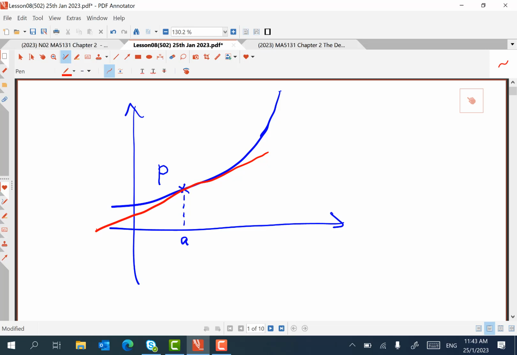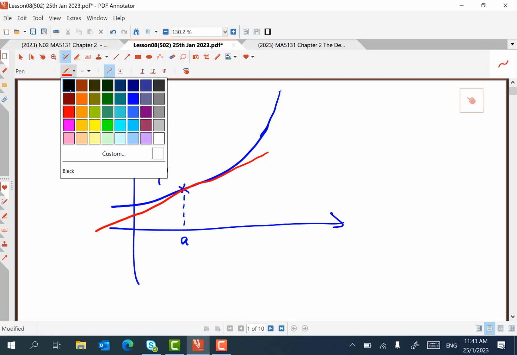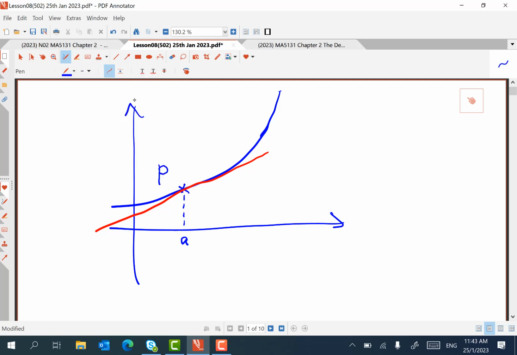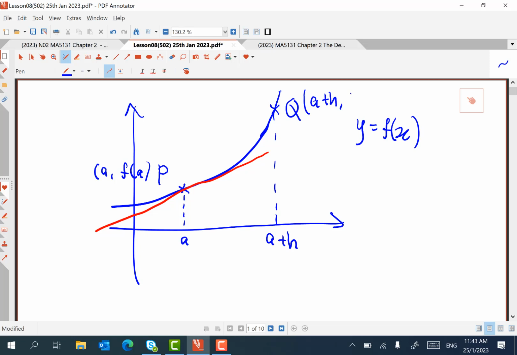And the story goes this way: to find the gradient of the curve at the point P, we want to look at a nearby point Q. While P has coordinates A and f(A), because this is the graph of y equals f(x), the point Q is given an x-coordinate of A plus h. So the point Q has coordinates A plus h, f of A plus h.